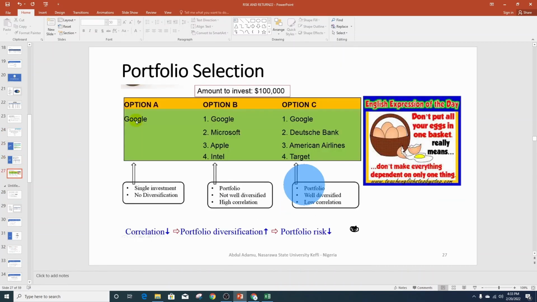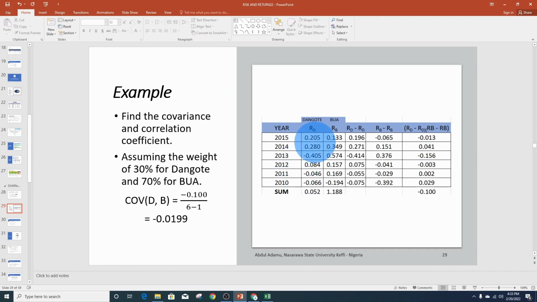So if you subtract this average from each of these returns, to get the value here for Dangote, 0.205 minus 0.0198, you get this. For each of them, you subtract the average to get this value. For this, you subtract 0.133 minus 0.198 to get this value. Subtract 0.198 from all to get this value.